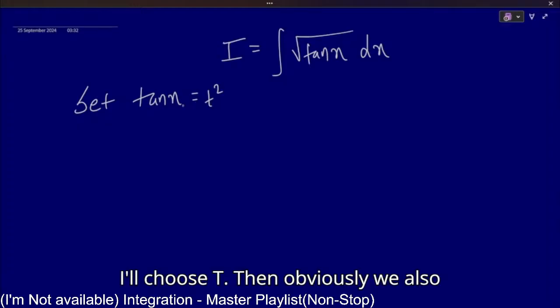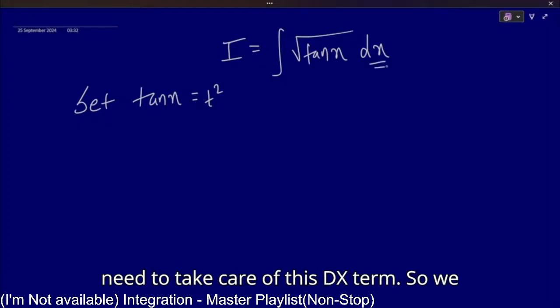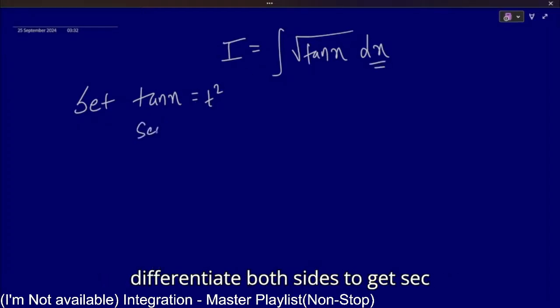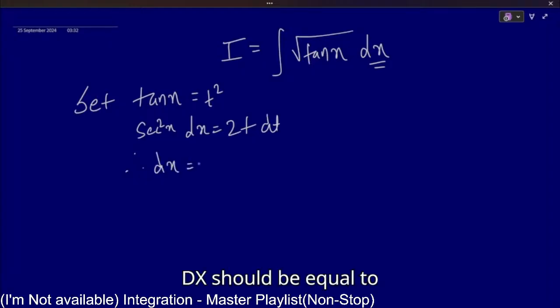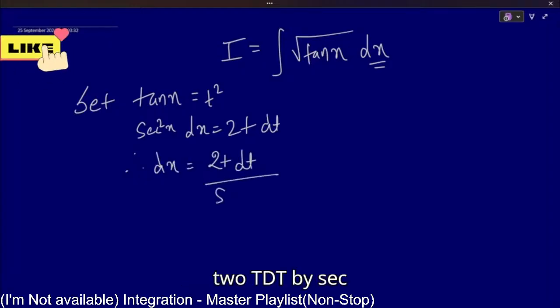So I'll choose t. Then obviously we also need to take care of this dx term. So we differentiate both sides to get sec squared x dx equals 2t dt, and therefore dx should be equal to 2t dt divided by sec squared x.